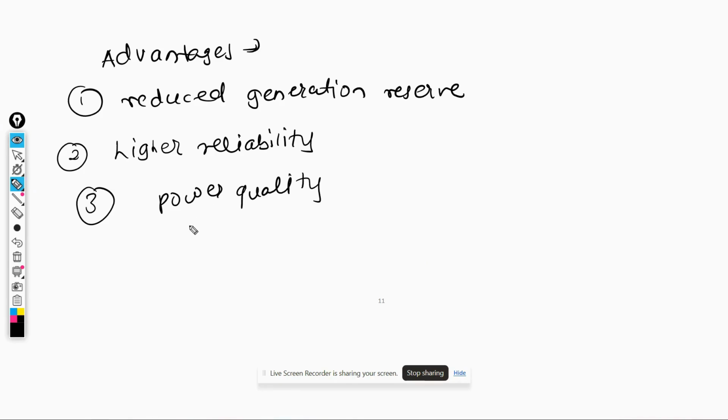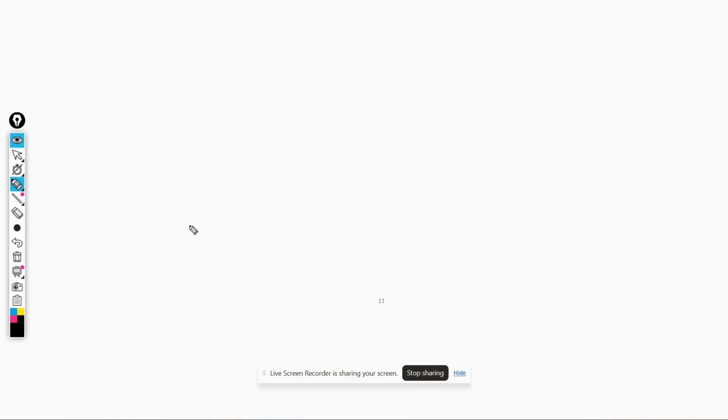Although this stage was an important improvement, it still had several limitations. The first limitation was limited automation. Many operations still required human intervention. Then the second limitation was manual outage restoration.